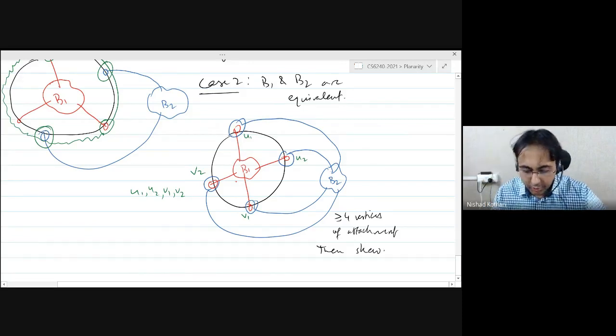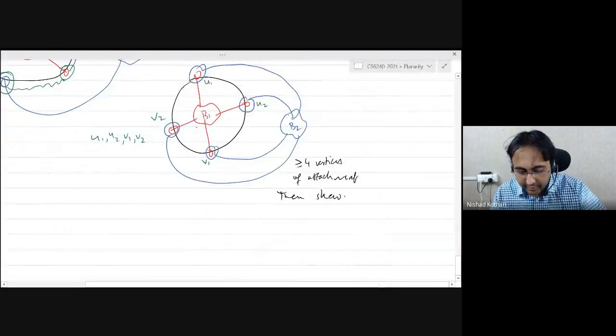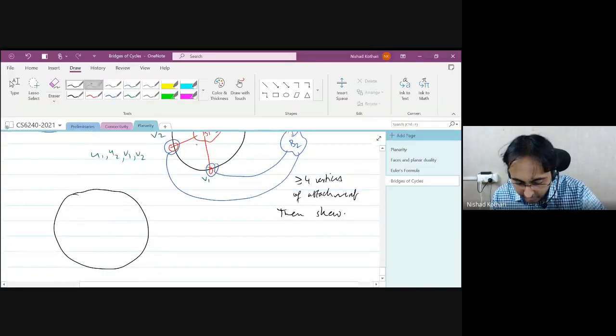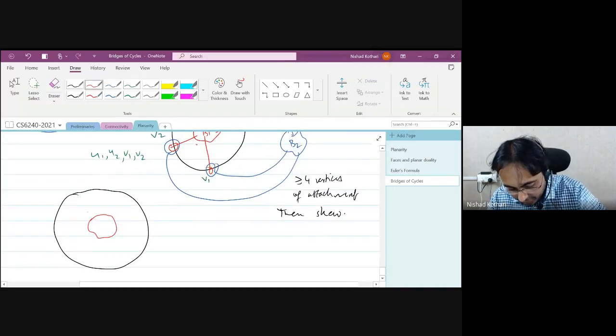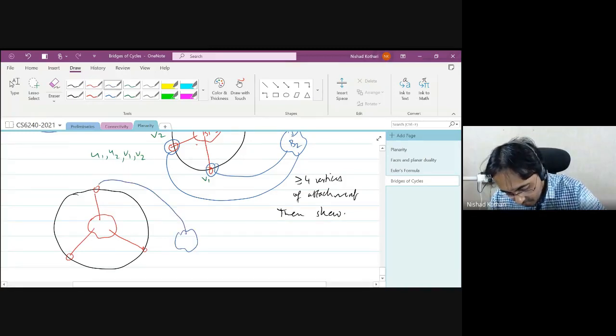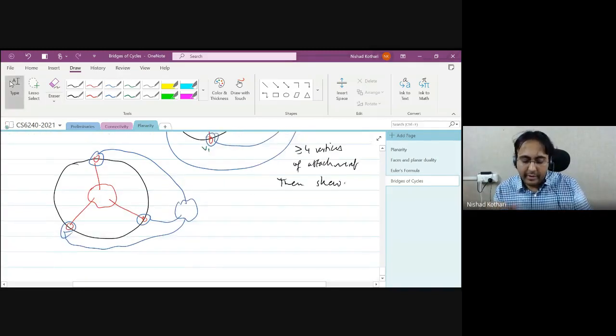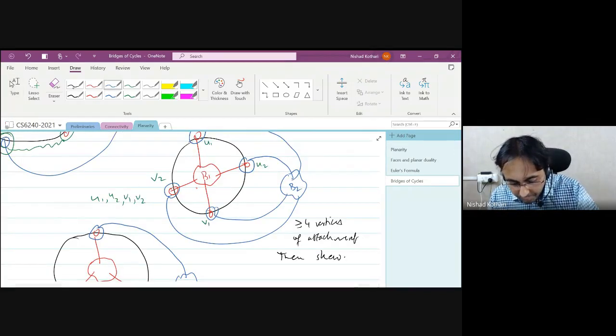The only issue is when they both have exactly three vertices of attachment. And now you don't even have four vertices to locate your skewness. In fact, there is no skewness in this case. It's the same three vertices, and these are equivalent three bridges, but they are not skew bridges. You don't even have four vertices of attachment in total. Okay, so this is it.